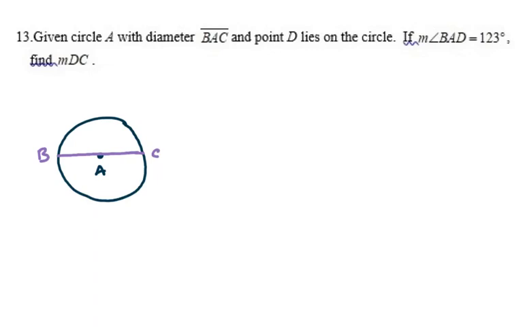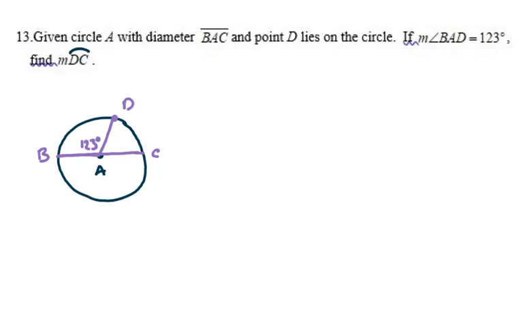So I can put point D anywhere. I'll just choose to put point D here. It says if the measure of angle BAD, so I'll draw that second radius in there, is equal to 123 degrees, it wants us to find the measure of arc DC.